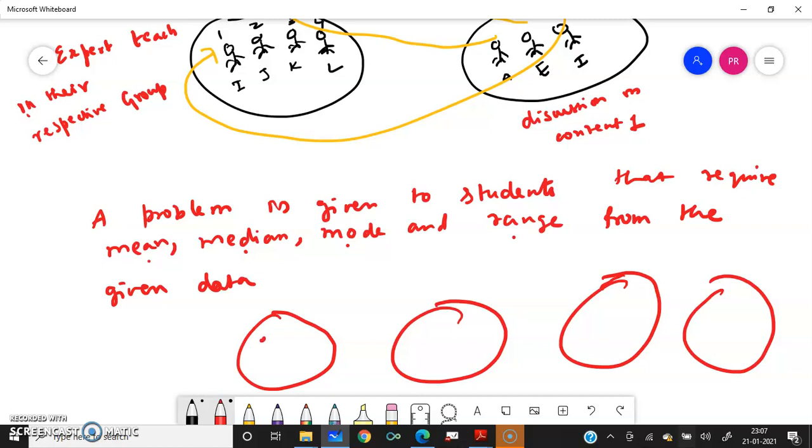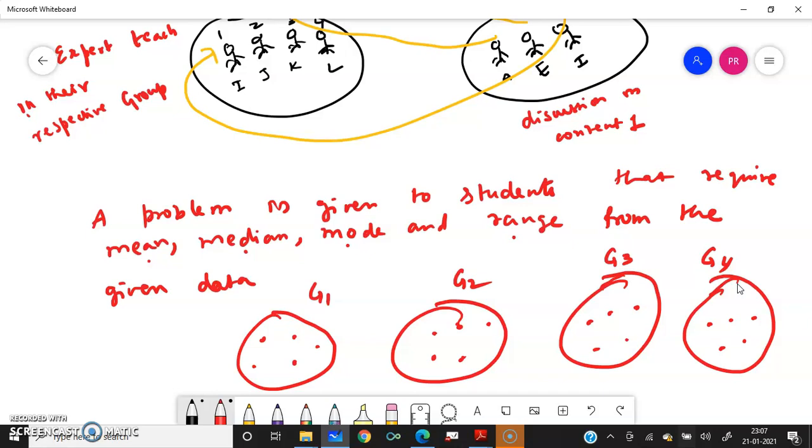So each group consists of 4 members, though you can have 5 also, it's fine. Like this, you divide the groups G1, G2, G3 and G4, with students in groups of 5 to 6 persons.